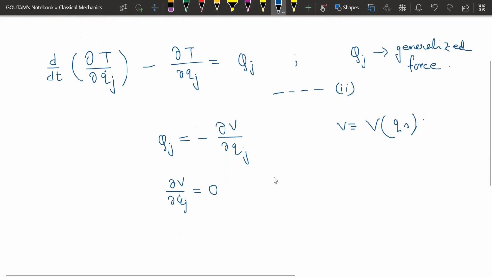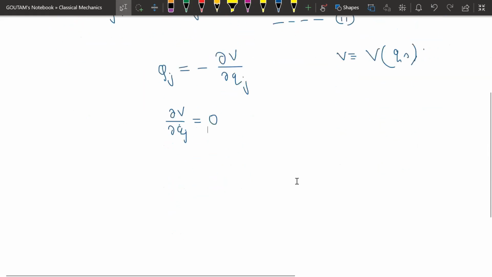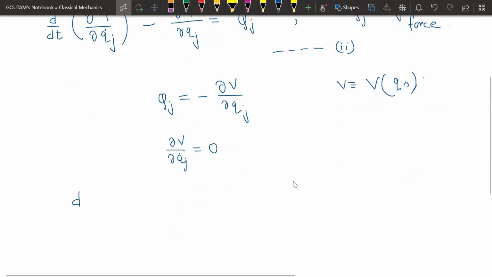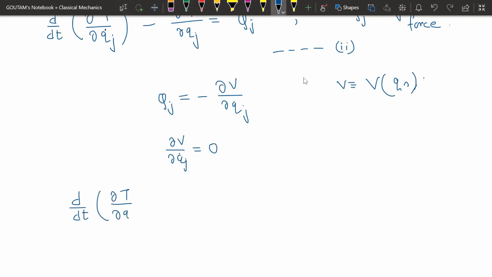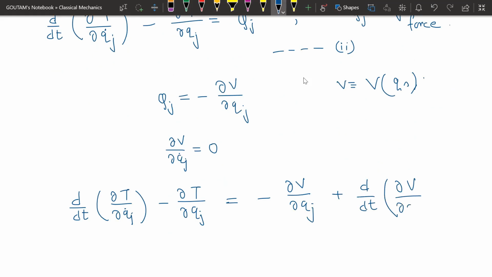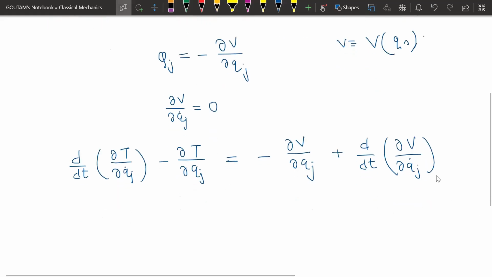Then equation 2 we can write as d/dt of ∂T/∂q̇_j minus ∂T/∂q_j equals minus ∂V/∂q_j, which is the generalized force, plus d/dt of ∂V/∂q̇_j, because V is independent of the generalized velocity, so this term is anyway 0.